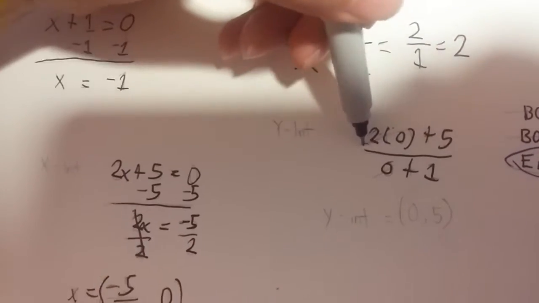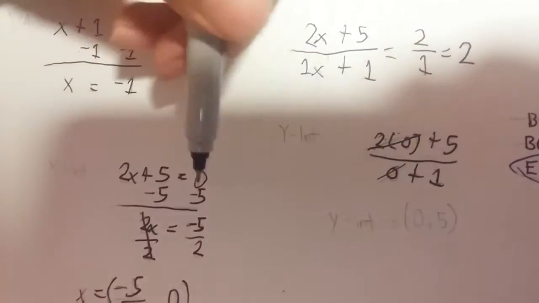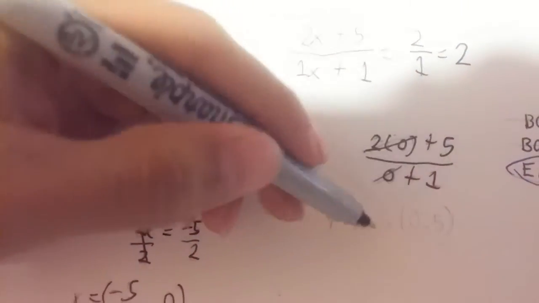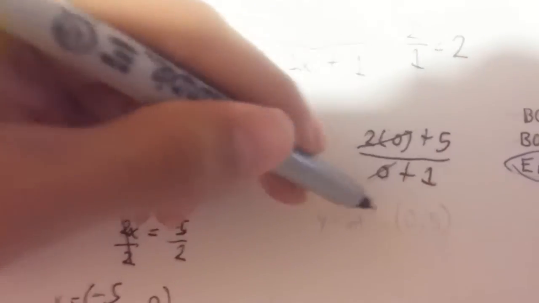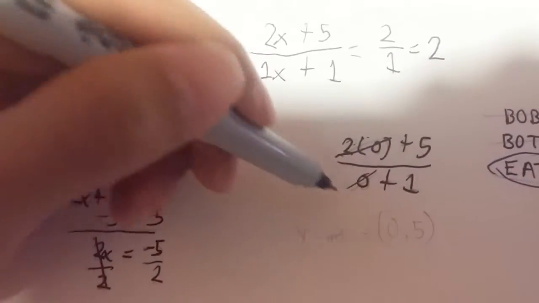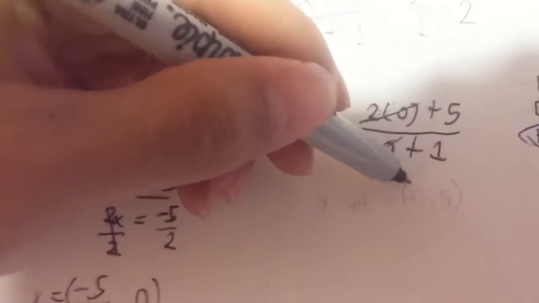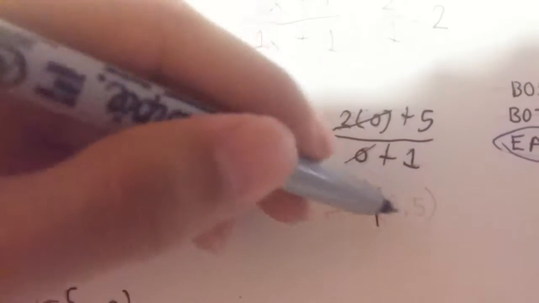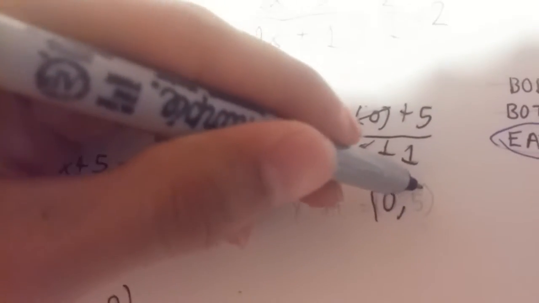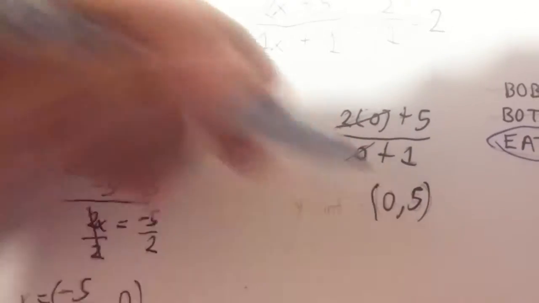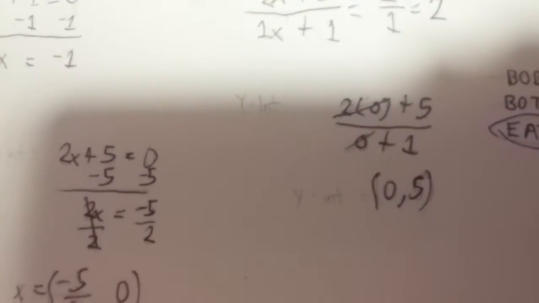The 2 times 0 cancels out, same with the 0, which will give us 5. So the point is (0, 5). And that is our answer for the y-intercept.